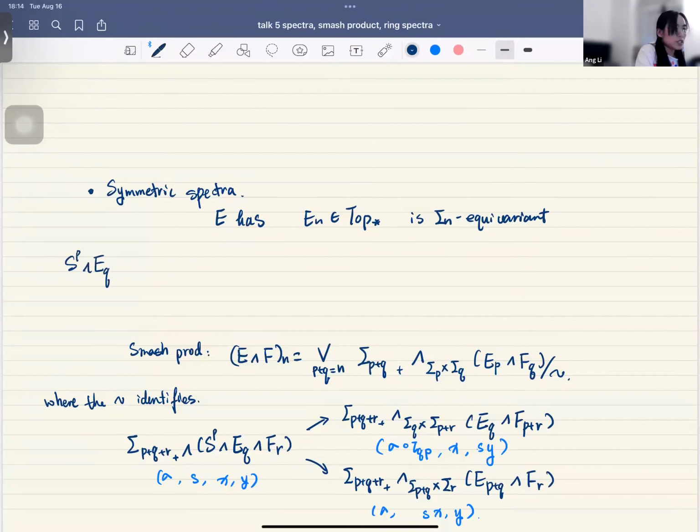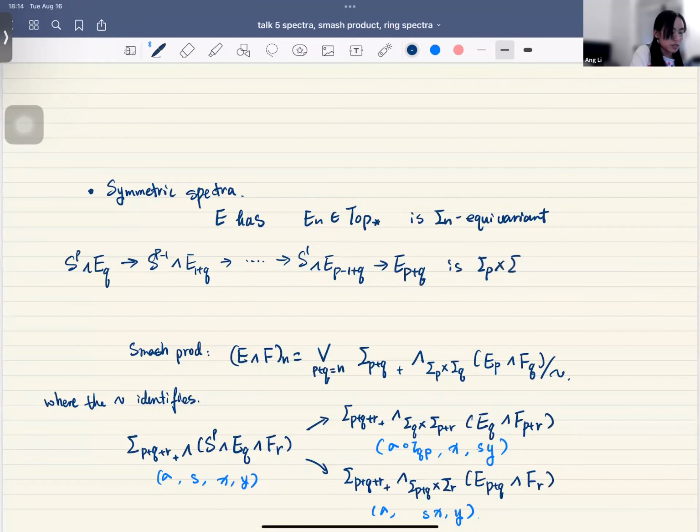this composition, where you put one copy of the sphere at a time and keep going until you hit the P plus Q level, you want to be Sigma P cross Sigma Q equivariant.